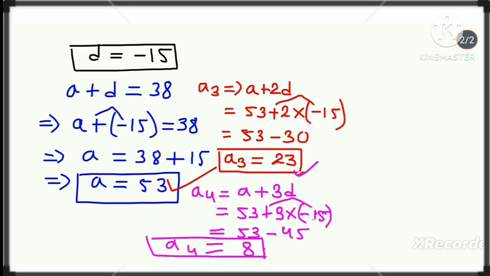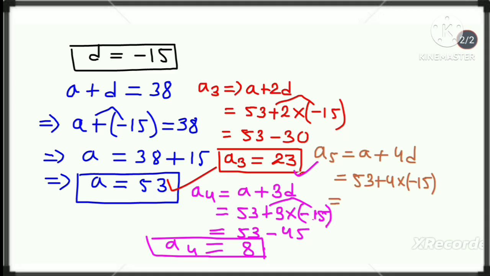Now let's find A5. A5 can be written as A plus 4D. A equal to 53 plus 4 into D equal to minus 15.